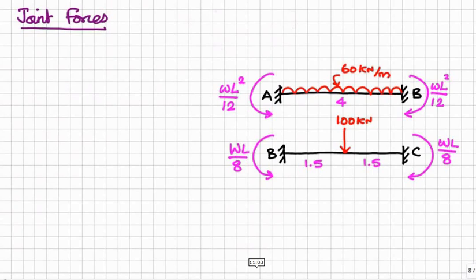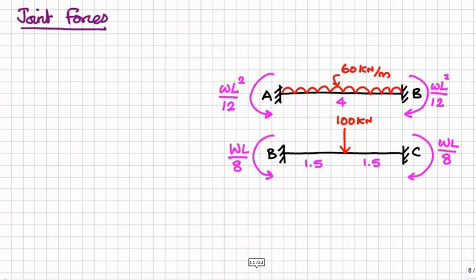This is the fixed end moment for each span AB as well as BC. The AB span is loaded with UDL, therefore at support A we have anti-clockwise WL squared by 12 moment, and at B clockwise WL squared by 12 moment.